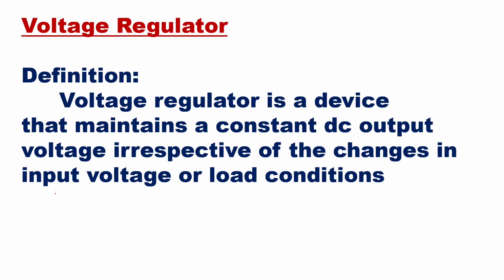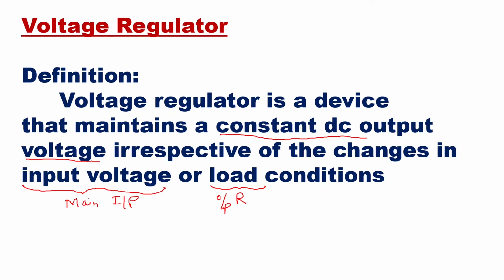Even if the input voltage, the input AC you supply from the mains, varies, or the load, your output resistance which is drawing the current, varies, in spite of both these variations you have to maintain a constant DC output voltage. This is a very important definition of voltage regulation.